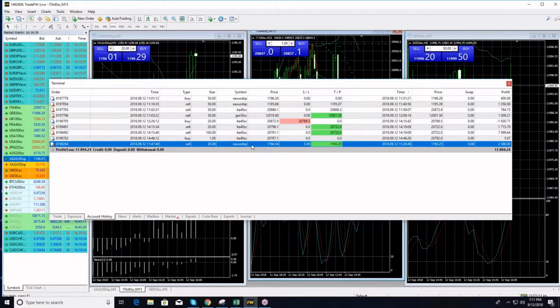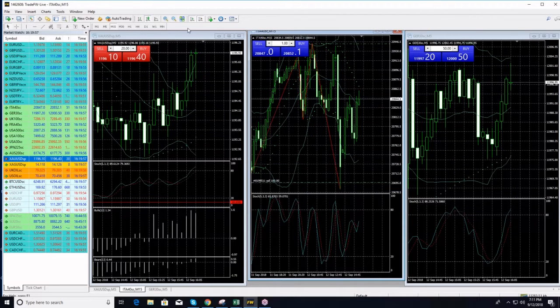Then our gold position from the morning did take profit. We got another $2,500 out of it. And our current situation is that we have $13,894 profit so far.